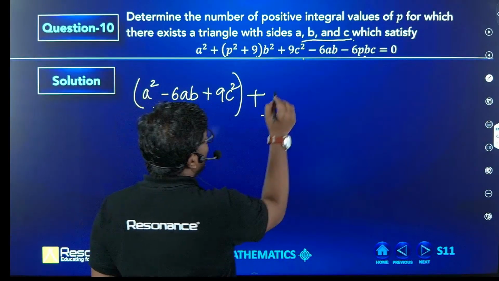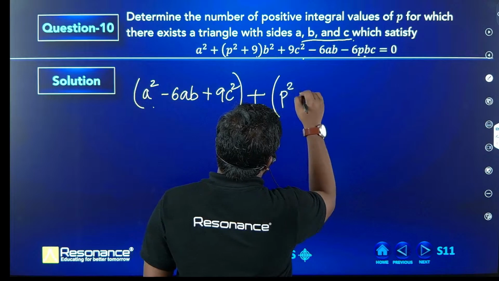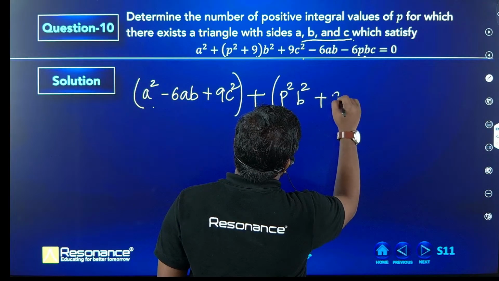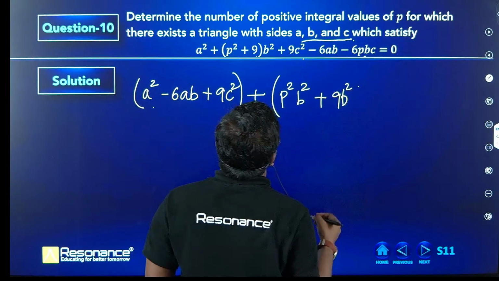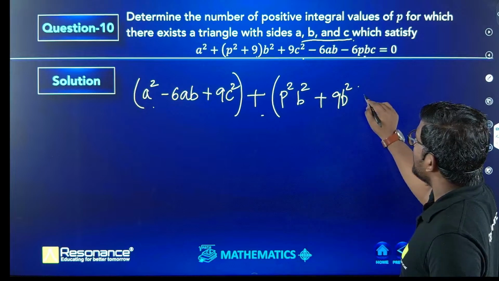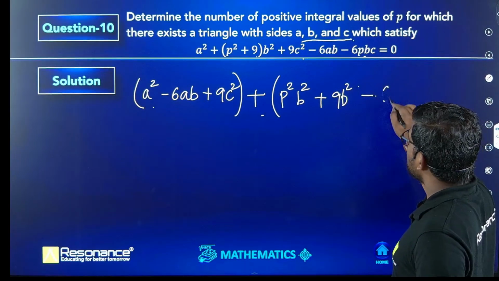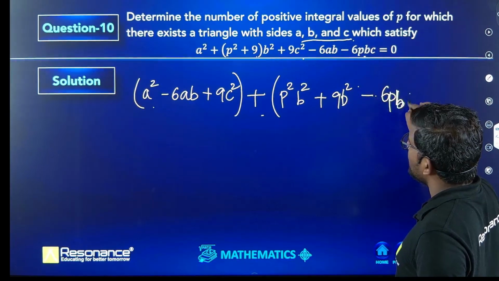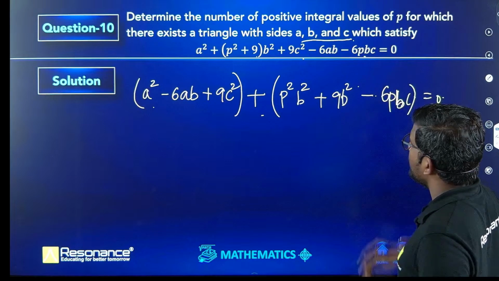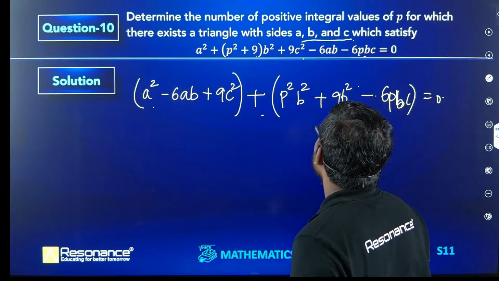Now this is one packet, and P square B square plus 9C square minus 6PBC is 0. Correct?